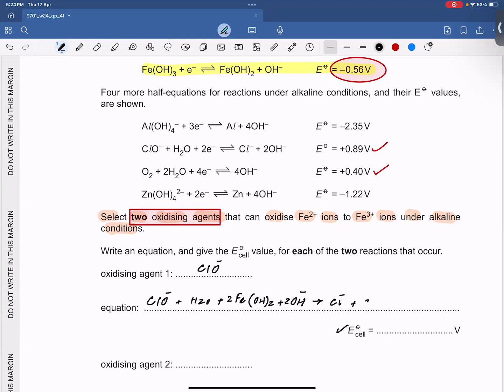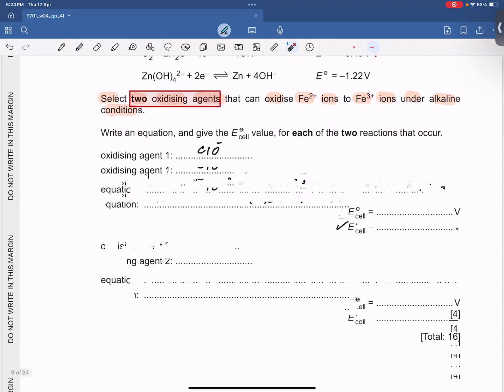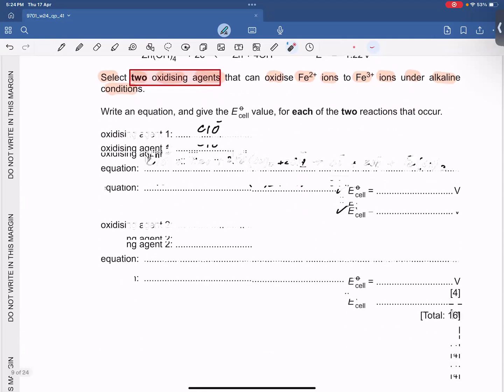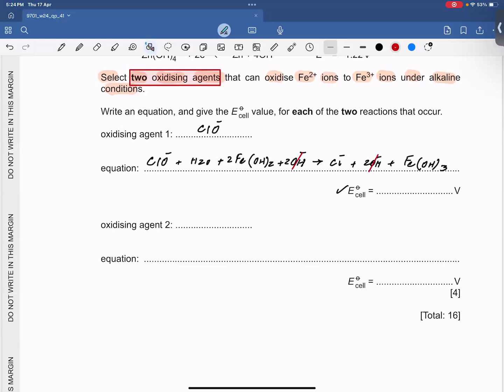Cl⁻ plus 2 OH⁻ plus Fe(OH)₂ gives Fe(OH)₃. In fact, you can cancel out these hydroxide ions also, okay? But the examiner has given you the equation, so let's remove these two. Let's cancel out these two hydroxide ions.